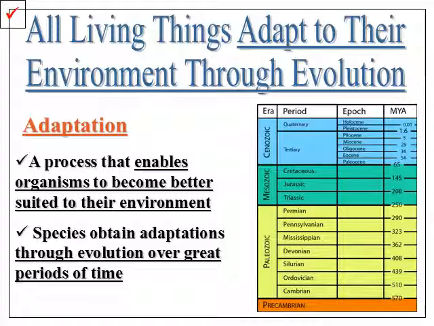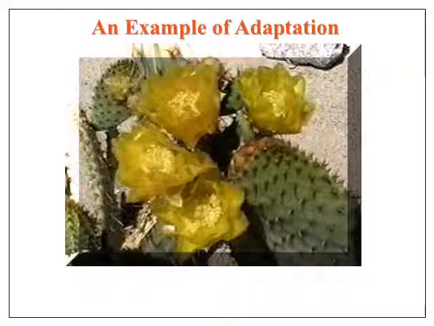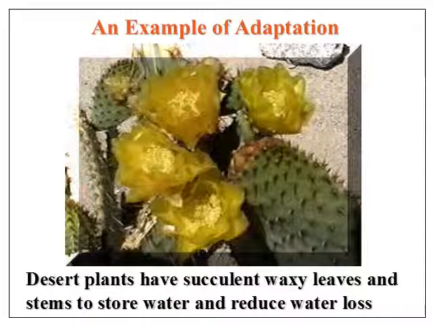Plants, right? One of the biggest things plants need is water. However, there's not a lot of water in desert environments. So, an example of adaptation here, desert plants have succulent waxy leaves and stems to store water and reduce water loss.